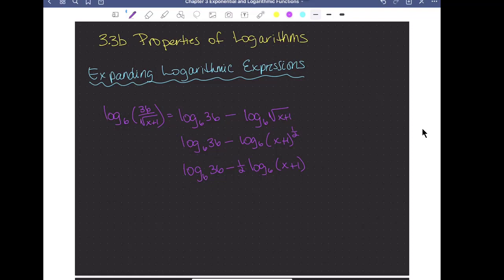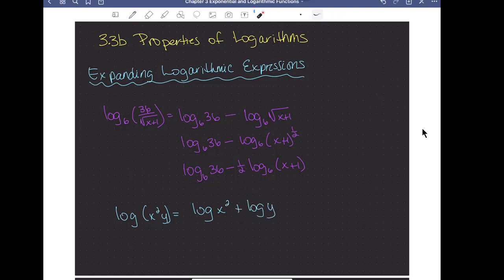So they can give you a whole bunch of different types of problems. They can give you a multiplication one. Like let's say you had log of x squared y. Because you're multiplying those two, we know that's going to turn into addition. So we would have log of x squared plus log of y.